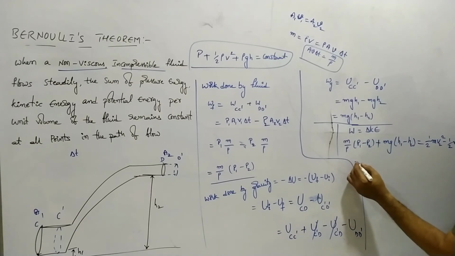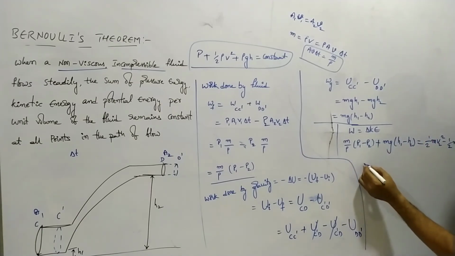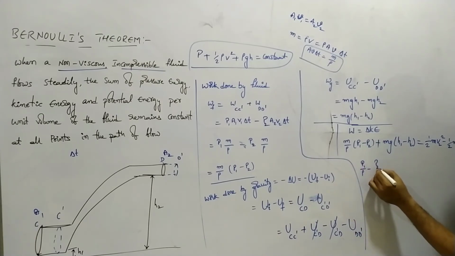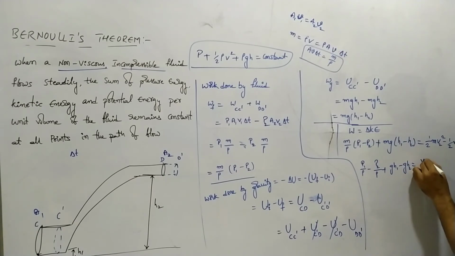So if we take m as common, m gets cancelled on both sides. Then we can represent it as P1 by rho minus P2 by rho plus g h1 minus g h2 is equal to v2 square by 2 minus v1 square by 2.